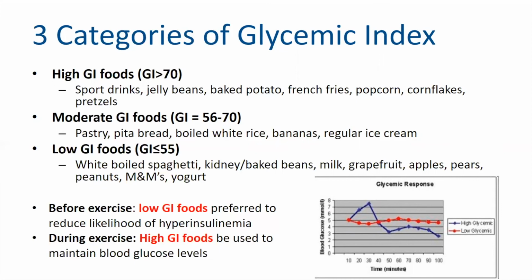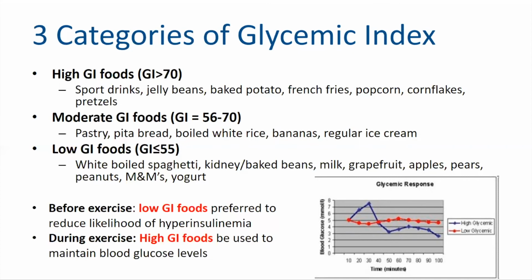The moderately GI rated foods are foods that have a GI of 56 to 70, and this includes bread, white rice, bananas, and ice cream. Ice cream has a lower GI than sports drinks because it has a higher fat content that would help to reduce the GI.